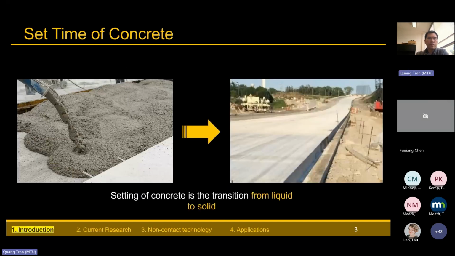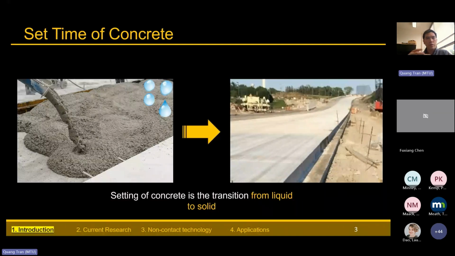The picture on the left shows fresh concrete that has just been placed on the ground, and the picture on the right shows concrete already hardened in the form of concrete pavement. Initially, after we mix the concrete, it's in the liquid phase, because we mix the cement and aggregates with water.